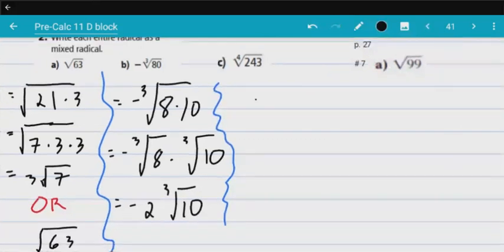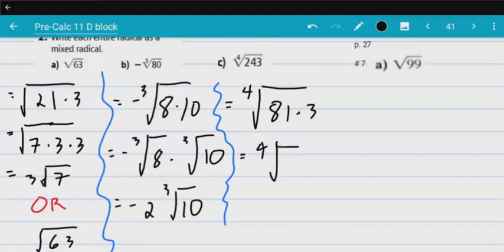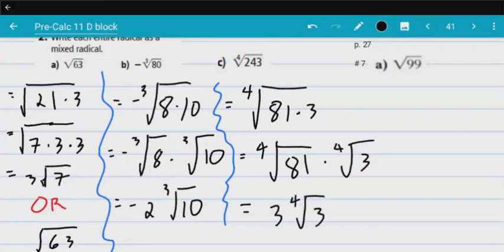If I divide 243 by 3, I would have fourth root of 81 times 3, which is sort of nice because 81 has a fourth root, which is 3, right? The fourth root of 81, which is 3, gives you this one. Okay, there's your answer right away.